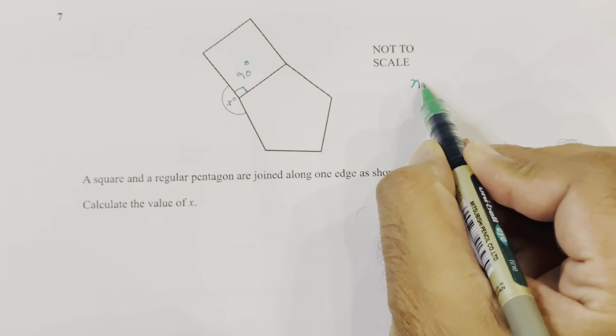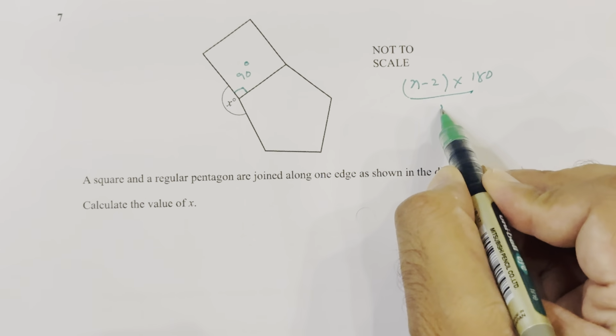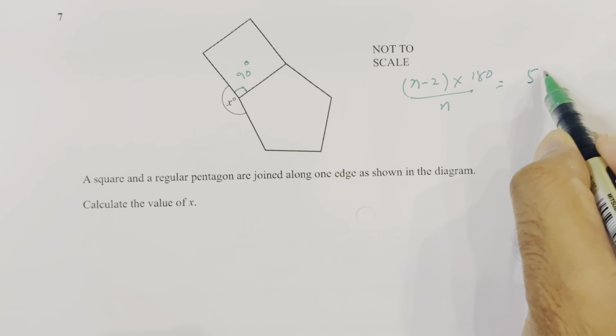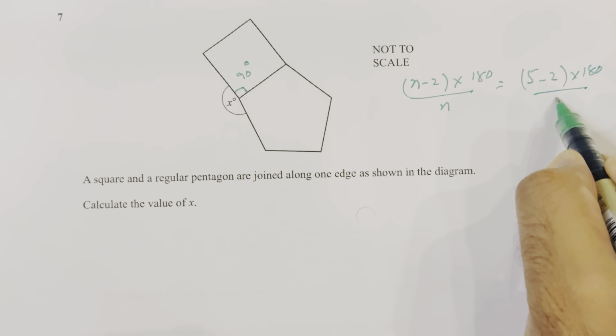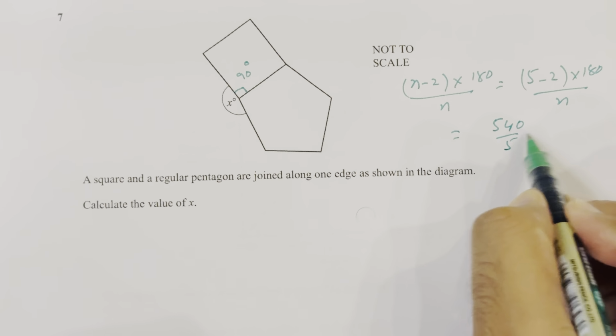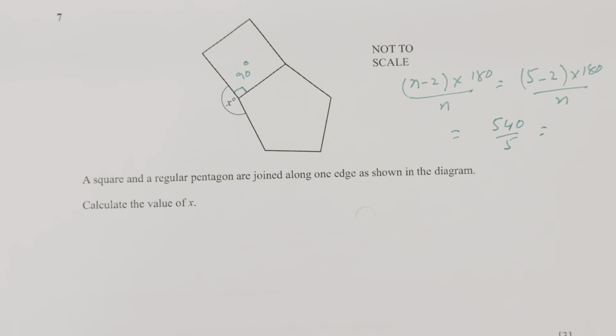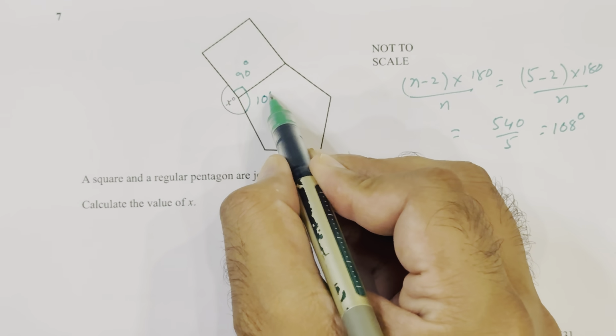For the regular polygon you can find the angle by this formula, putting the value for n, that is 5, because it is a pentagon. It would be 540 over 5, and our answer would be 108 degrees.